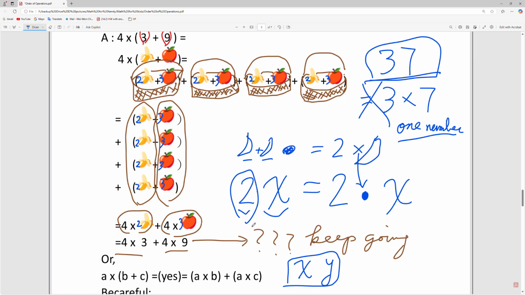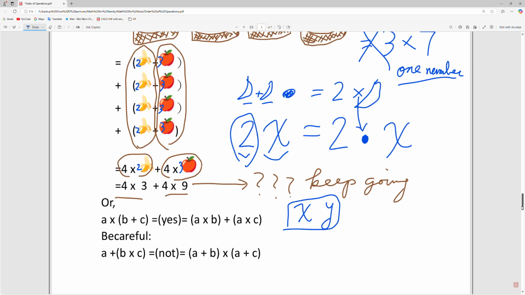And so far, this 2x or xy, the operation between one number before one letter, or the operation between 2 letters, always means multiplication. This is very important and very helpful to you.